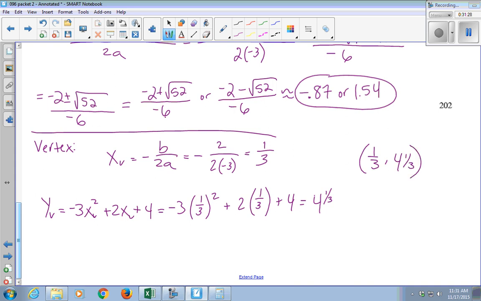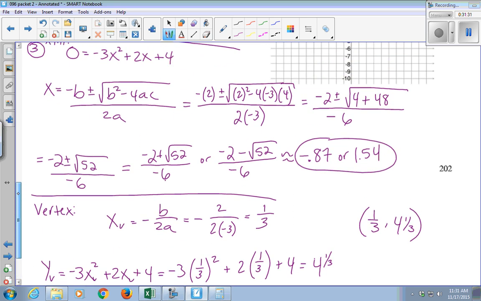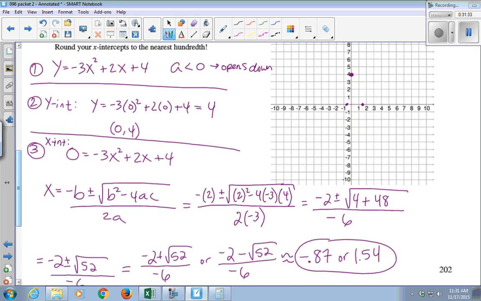And I can plot that point. 1/3, so 1/3 of the way between 0 and 1, comma 4 and 1/3 is like right there. And that is also your axis of symmetry. There's one more point I can get. The point that is symmetric to the y-intercept on the other side of the axis of symmetry. So it would be 2/3, right?